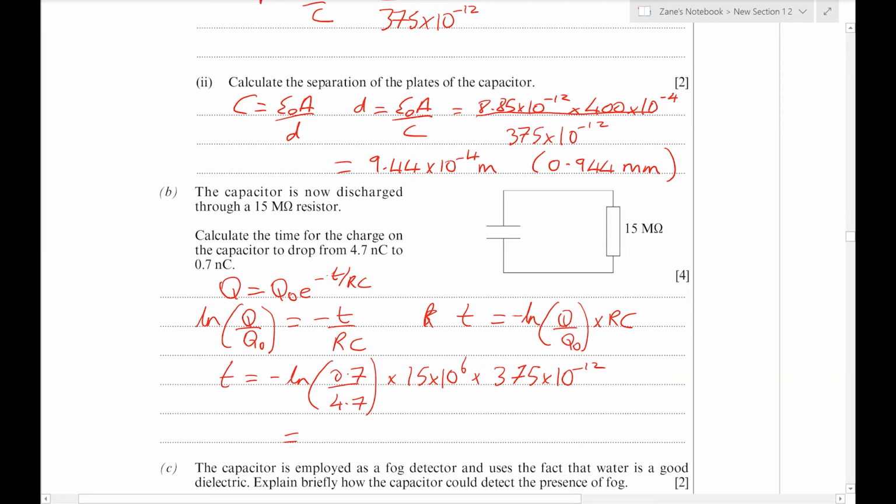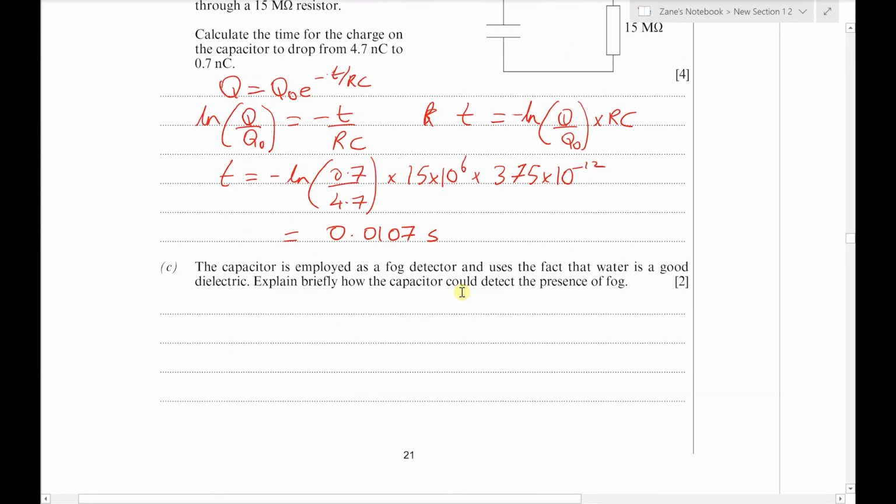So let's put that into the calculator. And we end up with 0.0107. So about 0.011 seconds, very short amount of time.